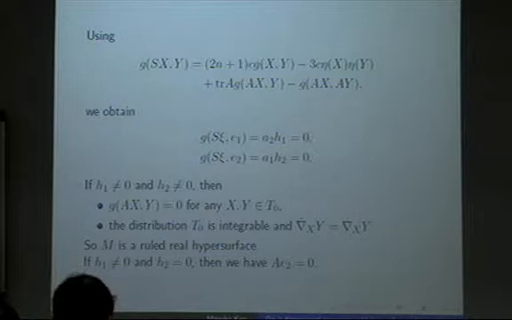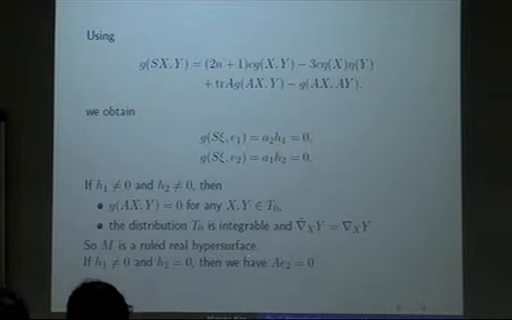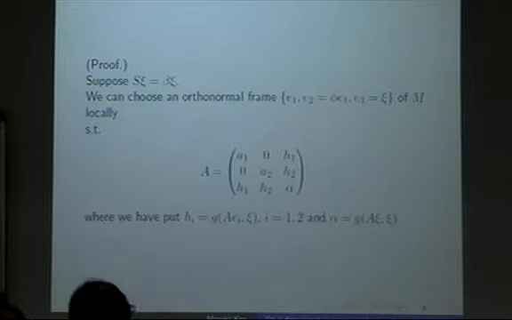Then we see that the real hypersurface is locally congruent to a ruled real hypersurface. Or otherwise, if h1 is not equal to 0 and h2 equals 0, then we have A e2 is equal to 0.